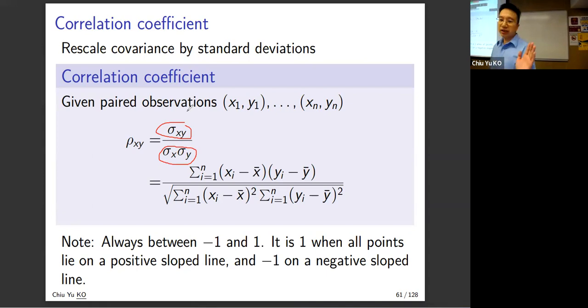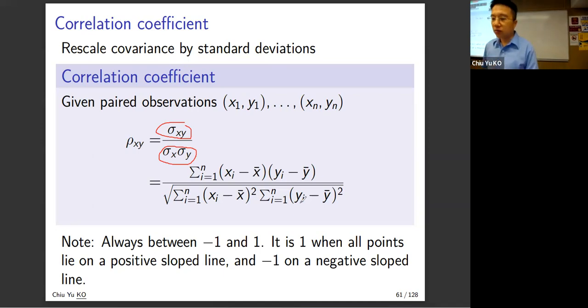First, suppose X is in cm and Y is in, I don't know, dollars. Then the numerator will be in cm times dollars, right? If you divide by the standard deviations, then it's unit-free. Okay, then it means regardless of how you measure X and Y, it doesn't really matter.